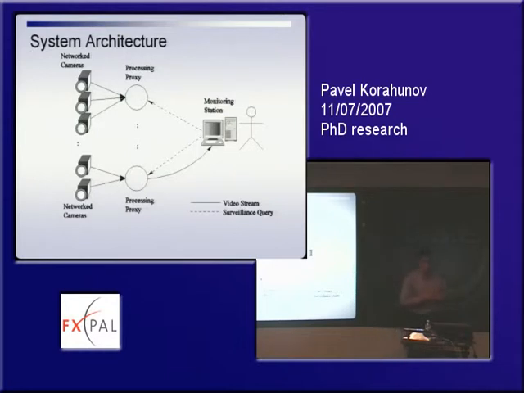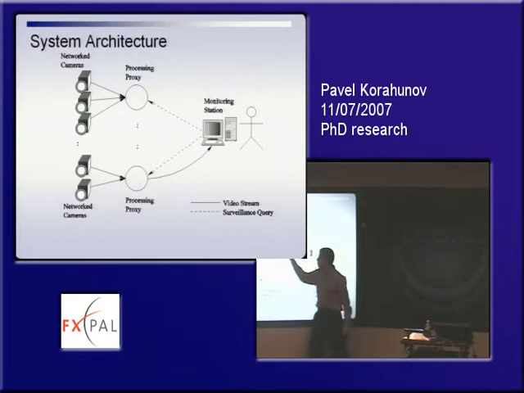We consider this architecture of a video surveillance system, where many networked video cameras are plugged into the network, and a bunch of processing proxies are distributed in the network as well, receiving the streams from the cameras. These proxies run video analysis algorithms that monitor the video. The video is relayed further to the monitor station, where the human is sitting, only if the video analysis algorithm detects something in the stream.